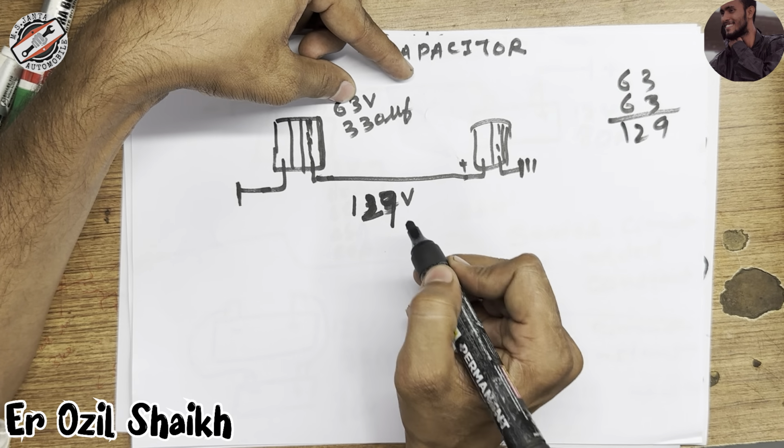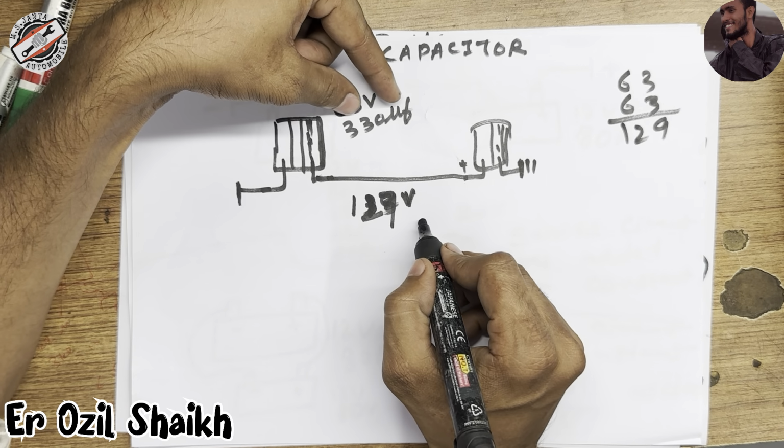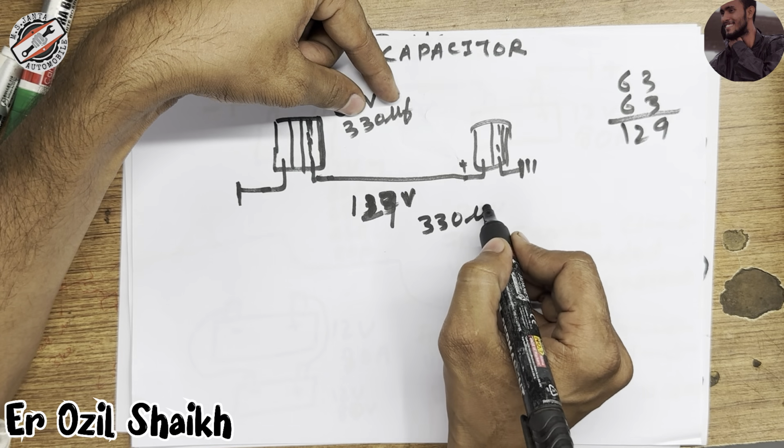It can be charged to 126 volt, but the microfarad will be constant, 330 microfarad.